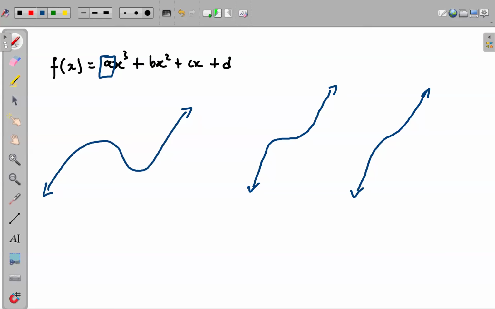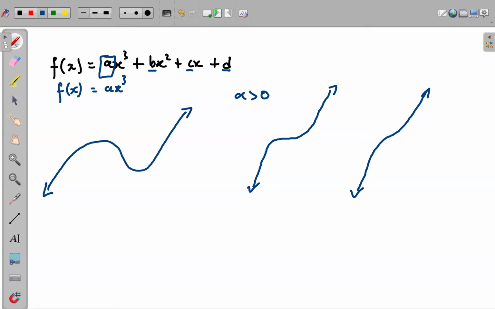So for all of these graphs, a is positive. Now, remember, there could be an instance where the constants b, c, and d are 0. And in that case, you could have a cubic function that is simply represented as ax cubed. You could have it like that.